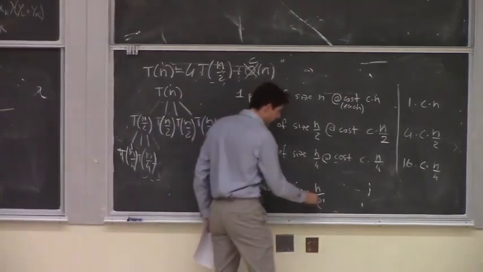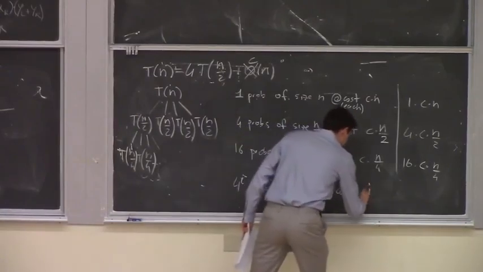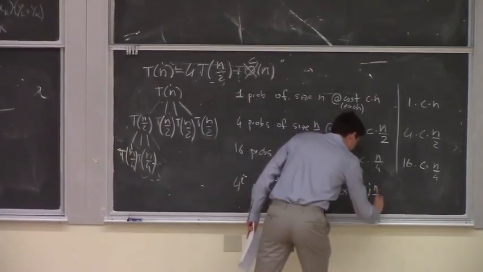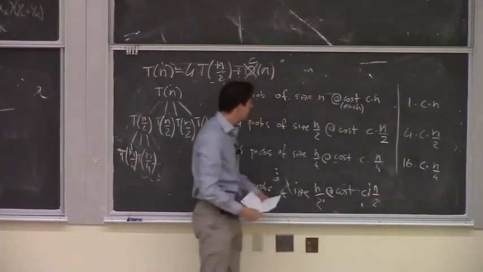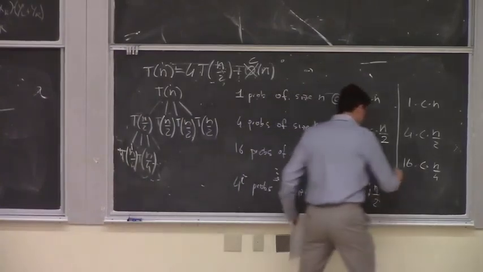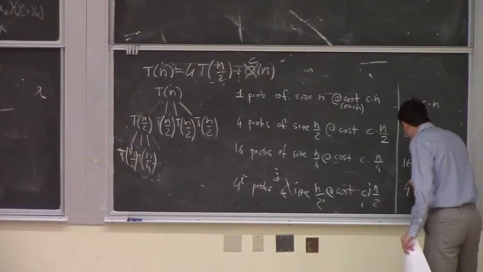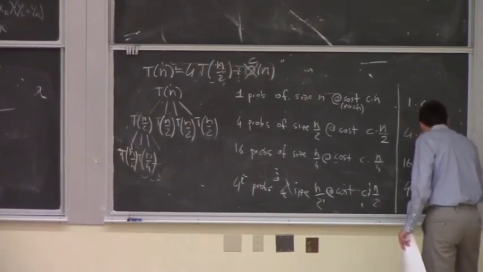So there's a 2 here. At the cost, C times n divided by 2 to the i. Why that? Because the cost is linear. It's C times whatever the problem size is. So overall, what we have is 4 to the i times C times n over 2 to the i.